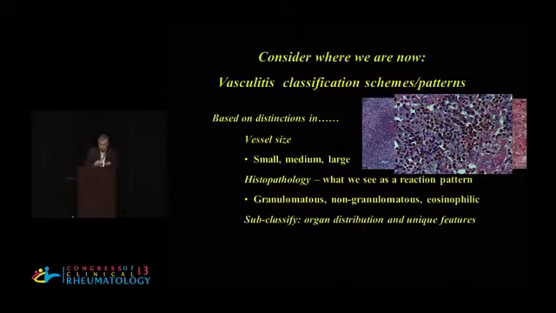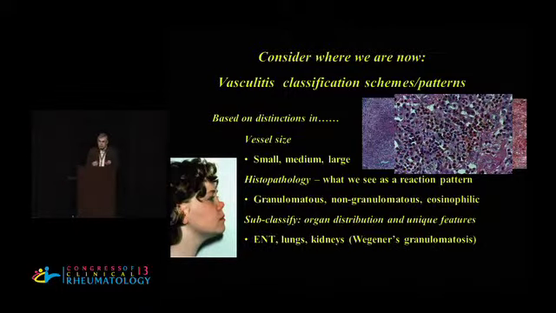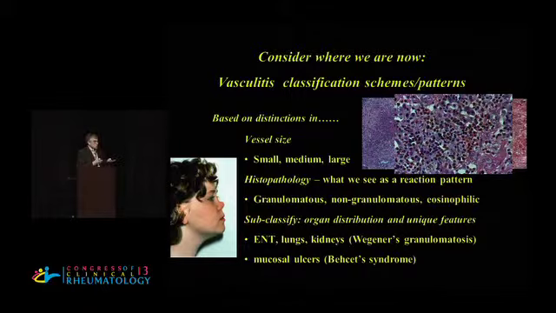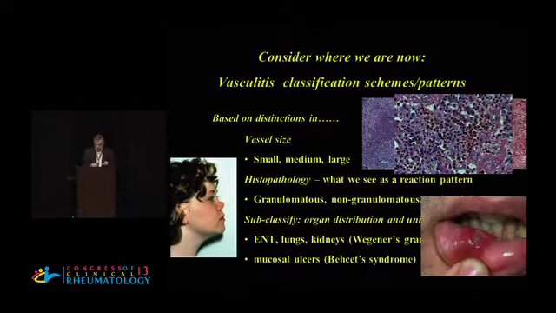We then subclassify based on organ distribution and unique features of diseases. So if we're looking at upper airway, lower airway, renal disease, other organs, we're going to call it GPA or Wegener's. If we're talking about a systemic disease with vasculitis, we're going to call it Behçet's if we're seeing mucosal, oral, and/or genital ulcers.